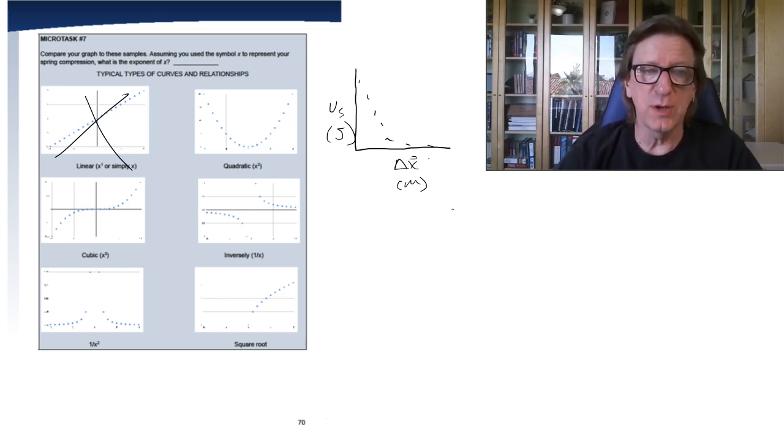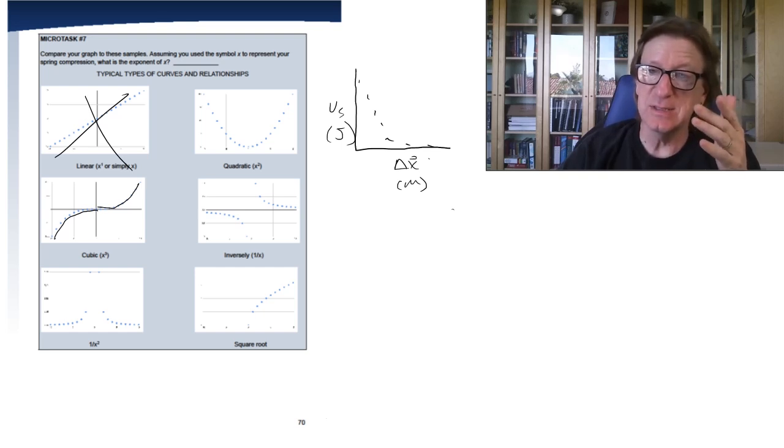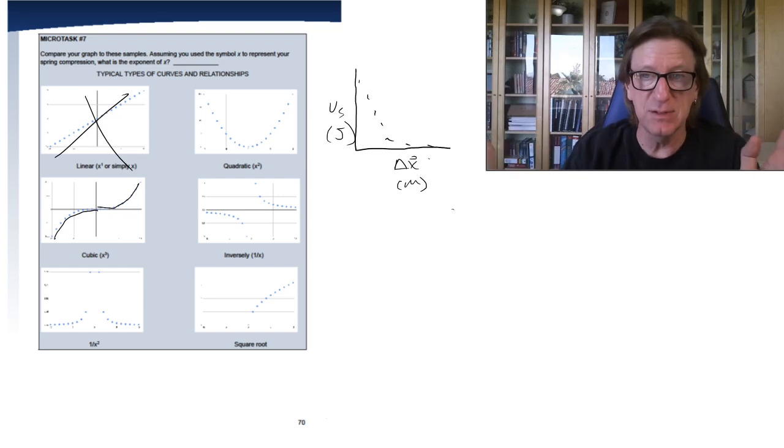How about cubic? Now this one's a little tricky. You may say, well, sure, that one looks like the quadratic, doesn't it? But when it's negative, and remember our delta x was always negative, the cubic equation has to come up this way. In this case, since when delta x is negative it was always compressed every single time, my curve has to be able to come down this way, and the cubic equation doesn't do that.